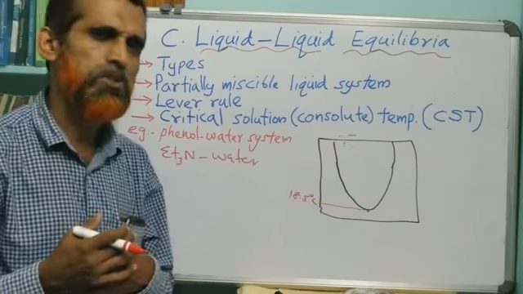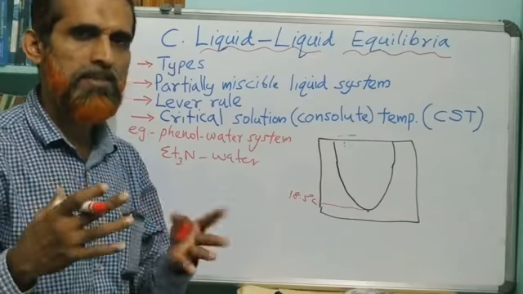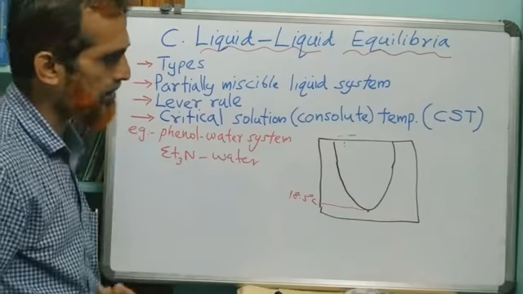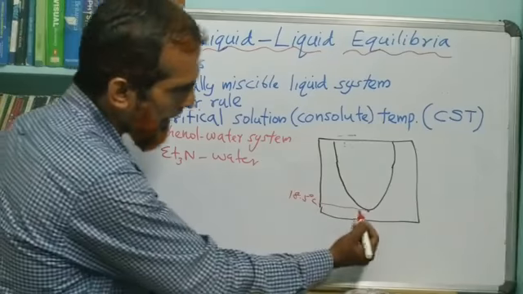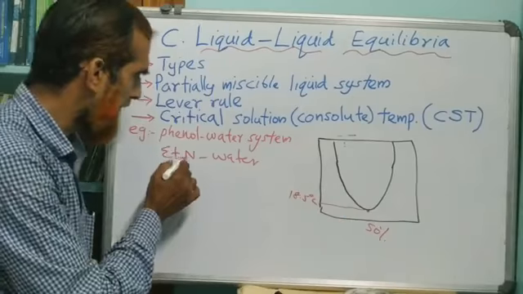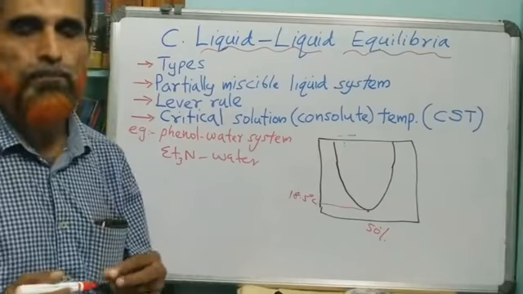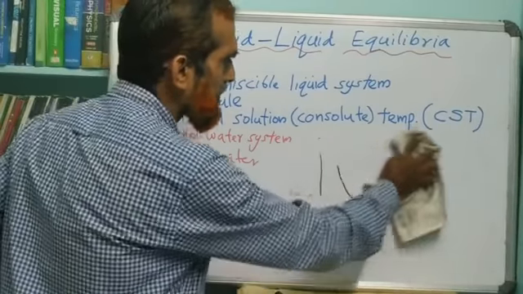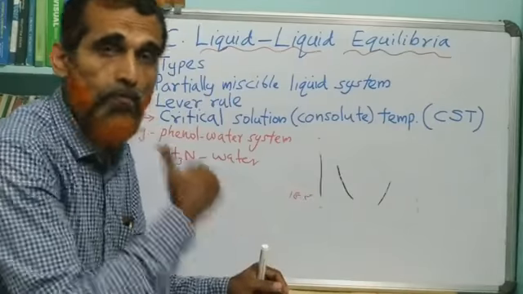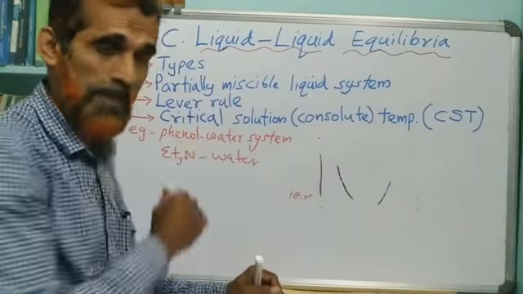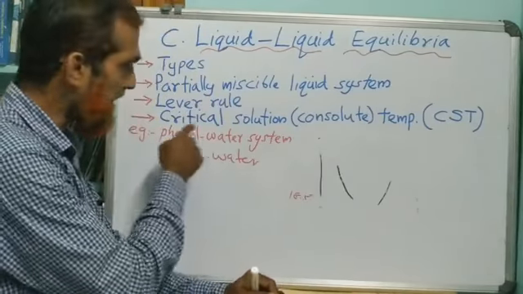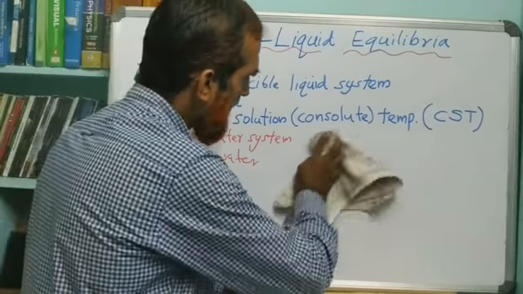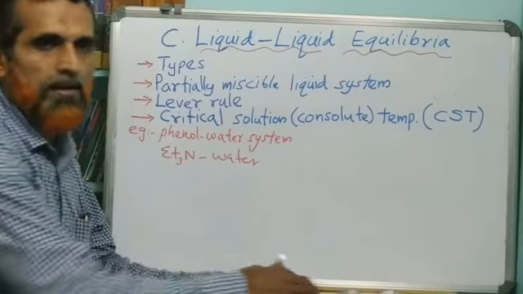There are some reasons, like a tendency to form some complexes. That's why solubility is enhanced by lowering the temperature. This is known as lower CST. So CST is of two types: upper CST, like in the phenol water system, and lower CST, like the triethylamine water system.